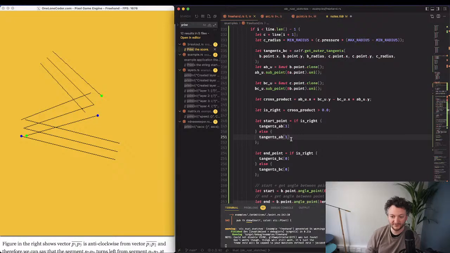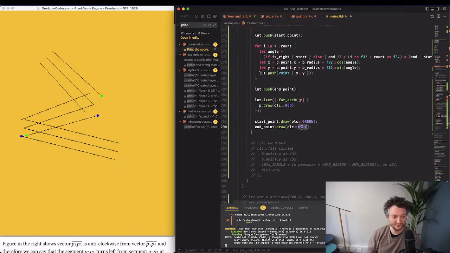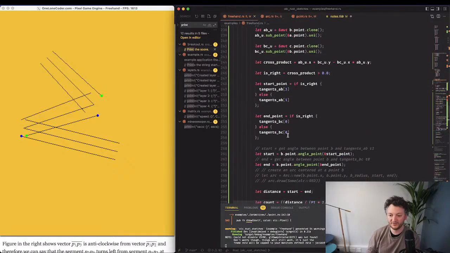Otherwise, if it is turning left, then we want it to go from, I think the start is wrong. Or is it? The end point is correct. Start point is wrong. If I'm going left, then I want to go from here to here. So what would that be?